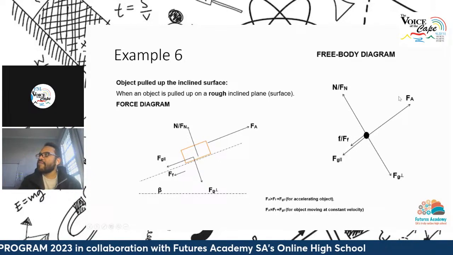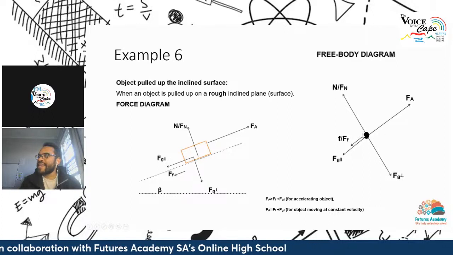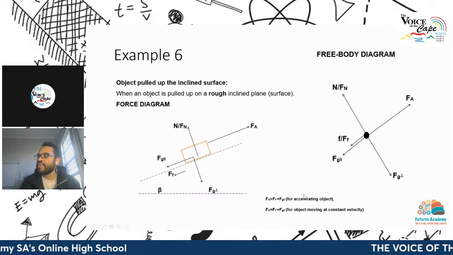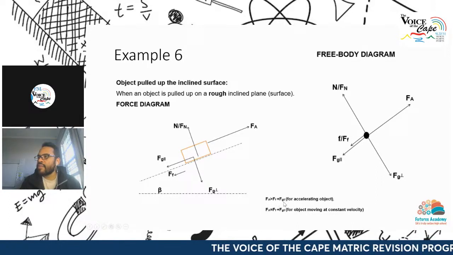So we can say that the force that is applied here will be greater than the sum of the forces acting down the slope. So here, the applied force is larger than the frictional and the parallel component of gravity combined.